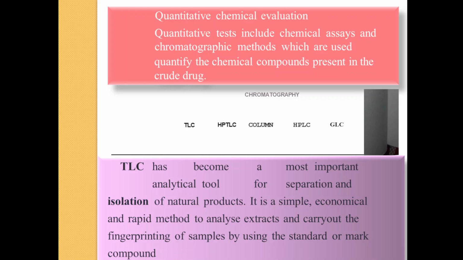By comparison between the marker and the active constituent, the constituent can be identified. Otherwise, the RF value is calculated and compared with the RF value given in the official book, and from that also the compound is identified. The RF formula is the distance travelled by the solute upon the distance travelled by the solvent, which gives the retention factor.